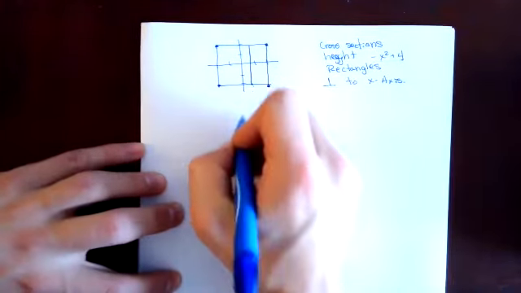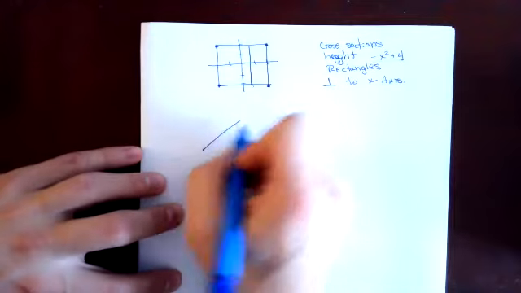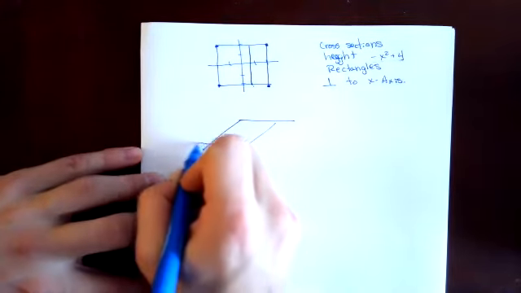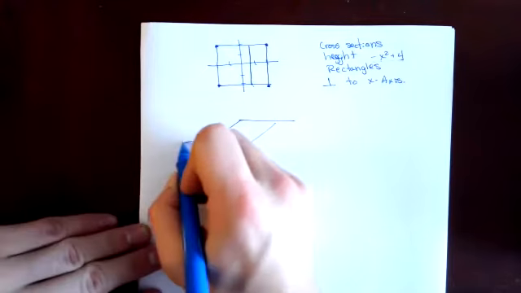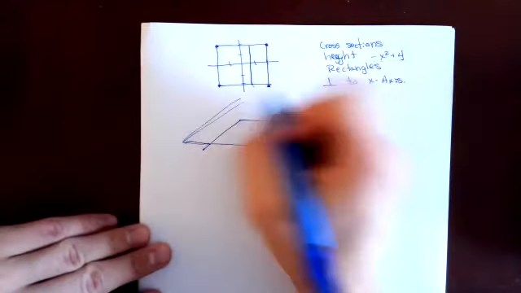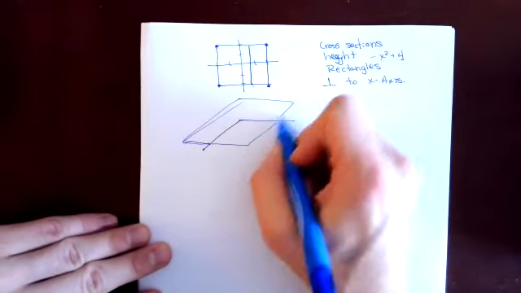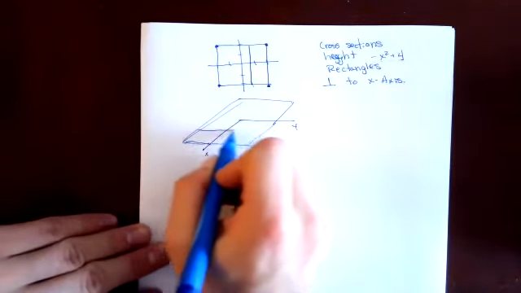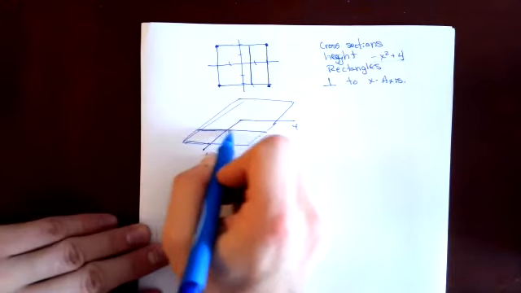So if you want to try to draw a 3D picture, let me try to just do it real quick. Yeah, getting a little too fast. We've got our x and y. We're taking cross sections here. The base we know, it's pretty clear.